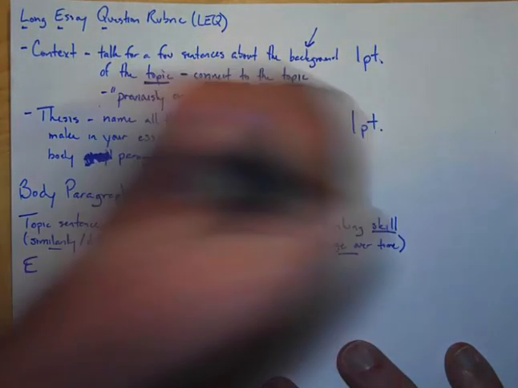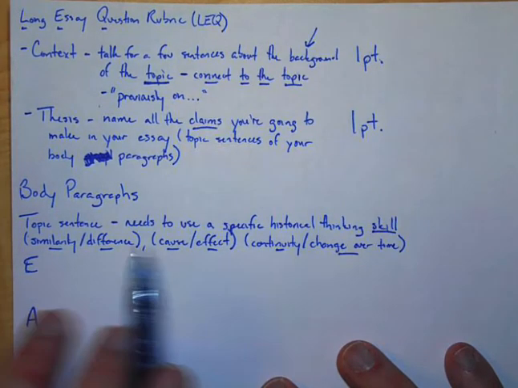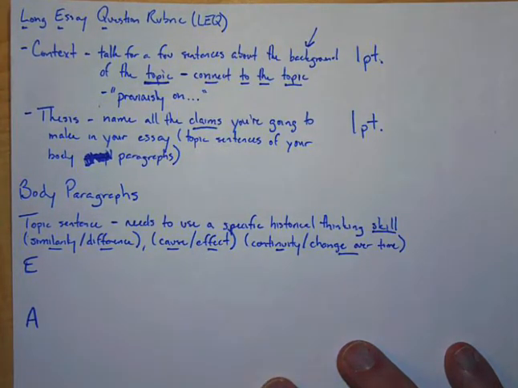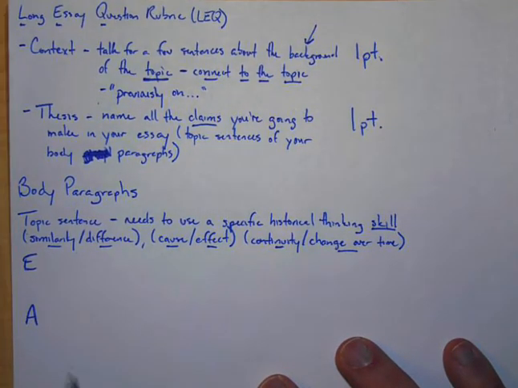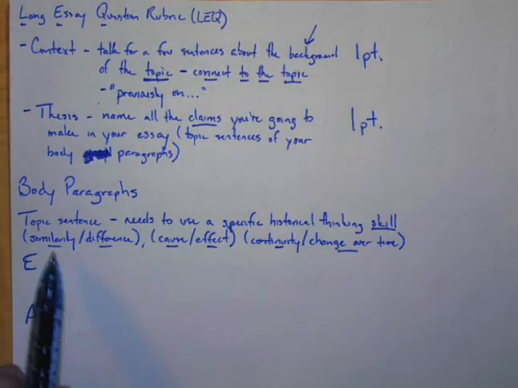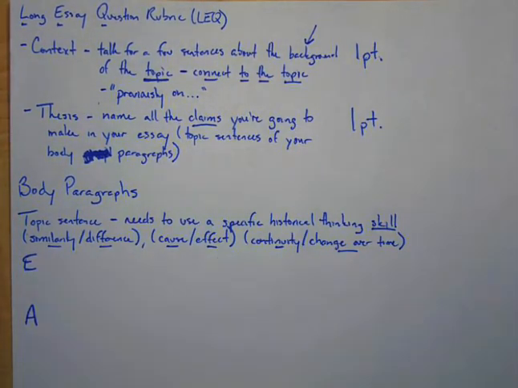It could be any one of those. I really recommend using these words in your topic sentence. The prompt is probably going to point you at one of these things. If it points you at one of those things, that's the direction you should go in. You don't have to, but why make it more difficult on yourself?